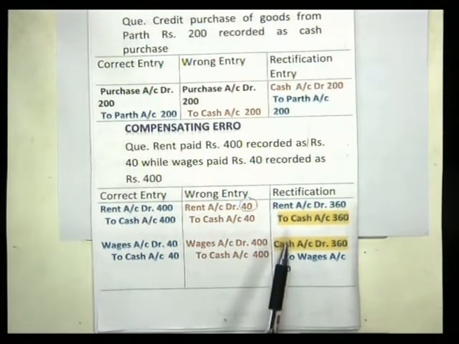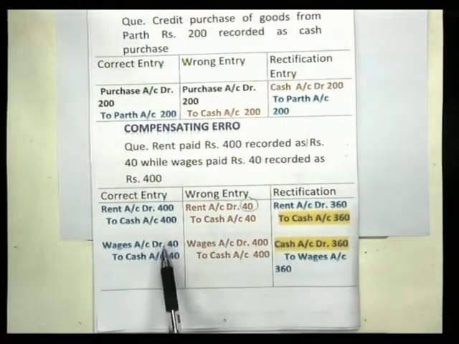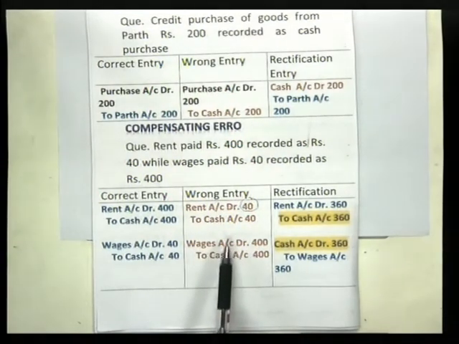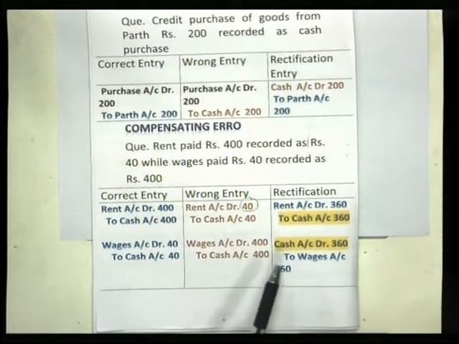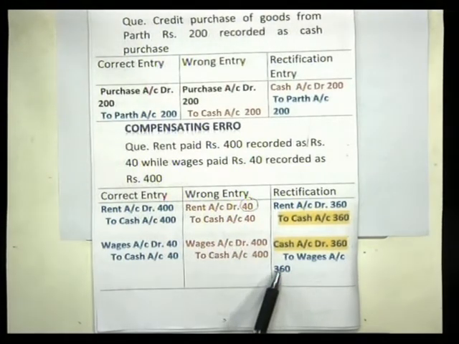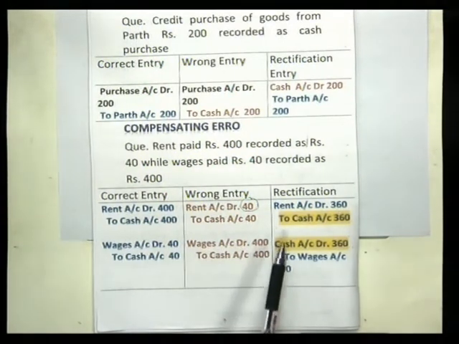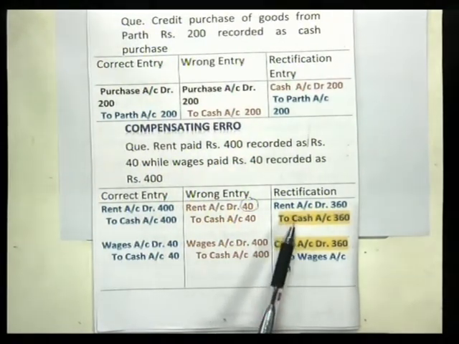So cash account should be debited 360. The same way wages account is debited more by 360. So to cancel the debit entry of wages by rupees 360, the wages account should be credited by 360. Now in the rectification entry there is no need to give two entries.